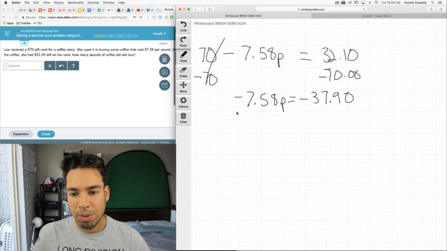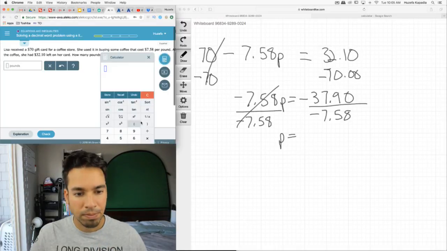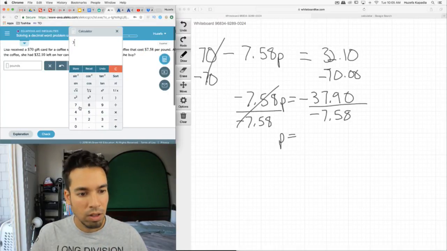And now to solve for P, we divide both sides by negative 7.58. And we get P equals, let's do the division, 37.9 divided by 7.58 equals 5 pounds.